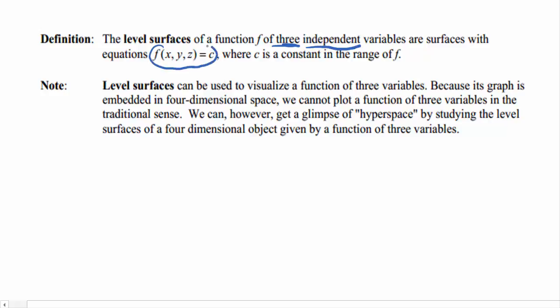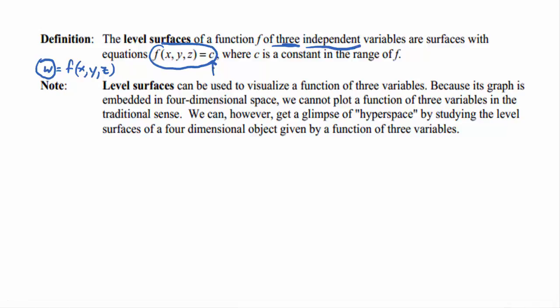So you set a function w equals f of x, y, z, say, which doesn't have a graph in normal three-dimensional space, right? Because it has 3 input variables. How do you draw that? I don't know how. You can't. But if you set the function equal to a constant, like c, then that's actually going to represent a surface, and it will be a level surface of that function.